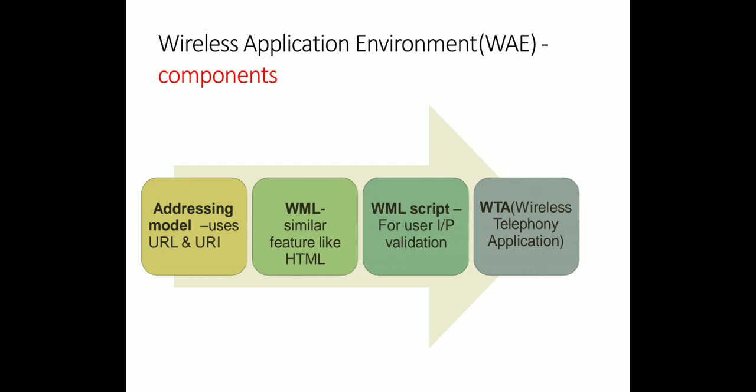Here both the addressing model and WML are taken into consideration. Then the gateway translates this WAP request into a conventional HTTP request for the specified URL and sends it to the internet.